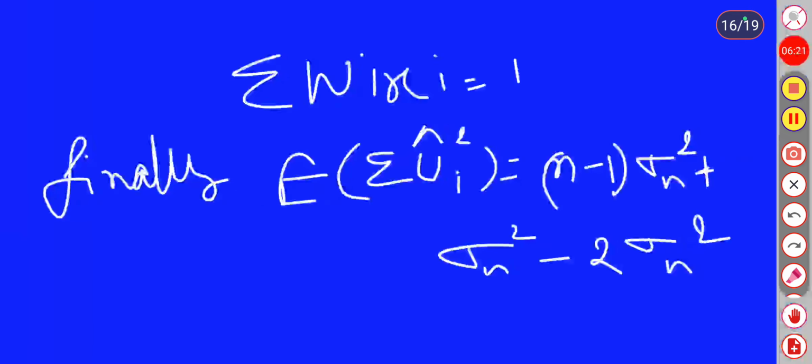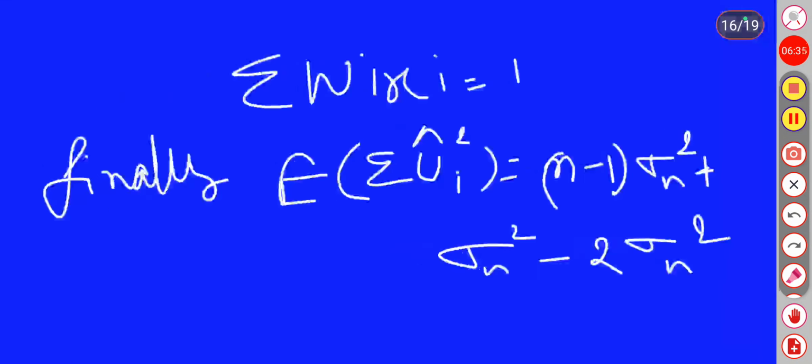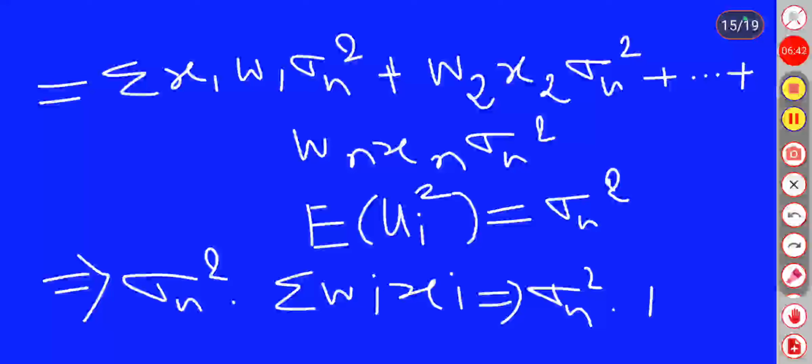Finally, the expected value of sum of ui square is equal to (n minus 1) sigma u square. So sigma u square minus 2 sigma u square into 1.